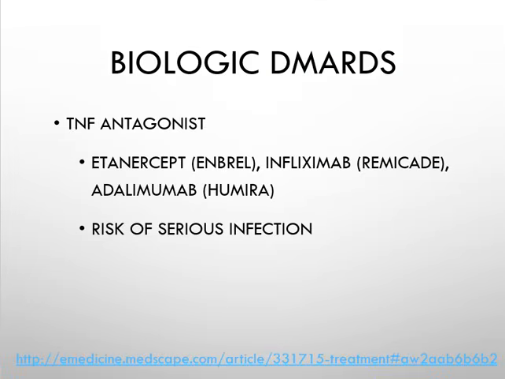Okay, now the biologic DMARDs. TNF is tumor necrosis factor. This is an antagonist that blocks tumor necrosis factor. So it blocks the action of it. This is a substance that causes inflammation. We got a lot of these things going on during the immune response.